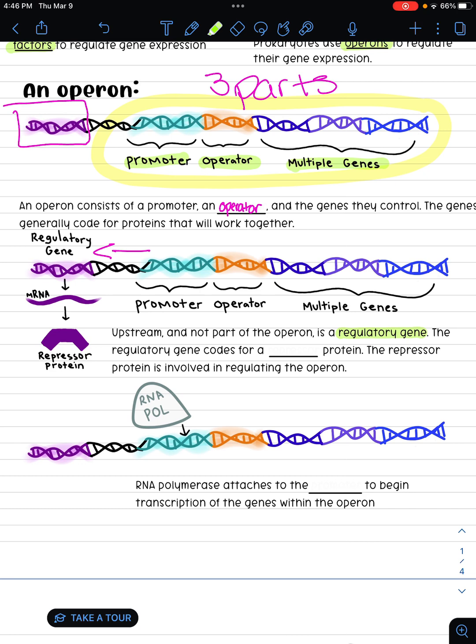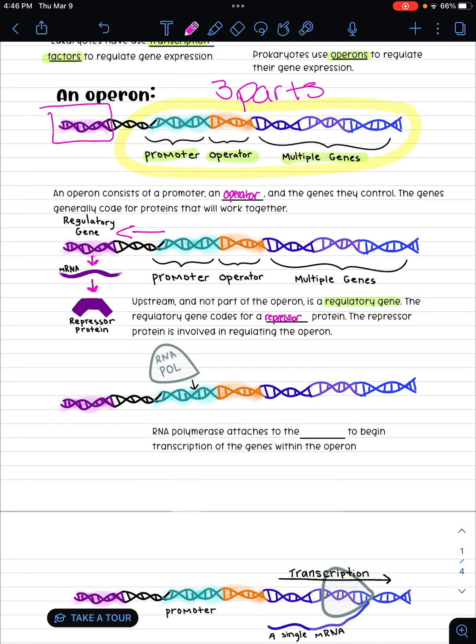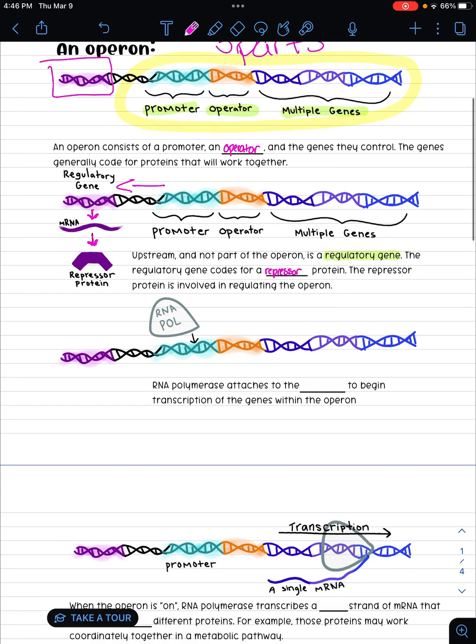So this regulator gene is read in transcription into mRNA, we know that. That was the previous chapter, and it's converted with translation into a repressor protein. Okay, so it codes for a repressor protein. All right, let's keep moving.